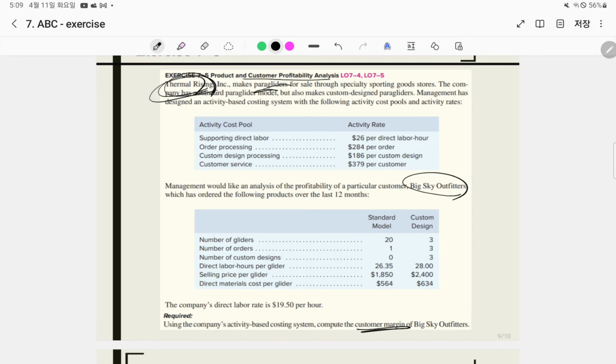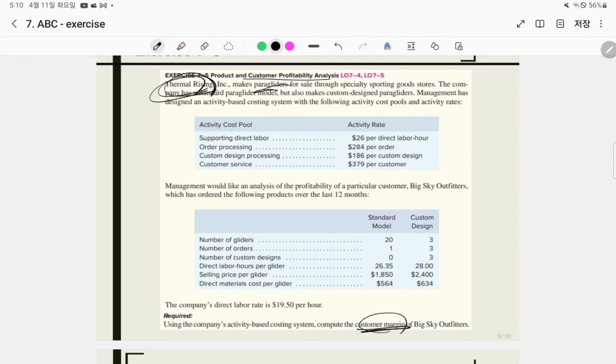We are requested to compute customer margin for this customer, Big Sky Outfitters. So to do so, we have to assign cost to a cost object. Here, the cost object is the customer, Big Sky Outfitters. Cost objects could be the product, the customer, the type of product, etc.